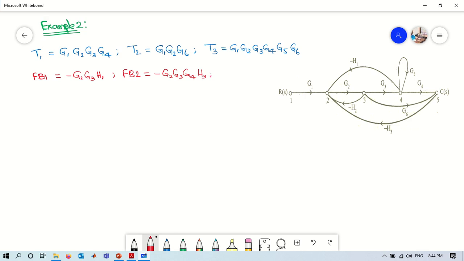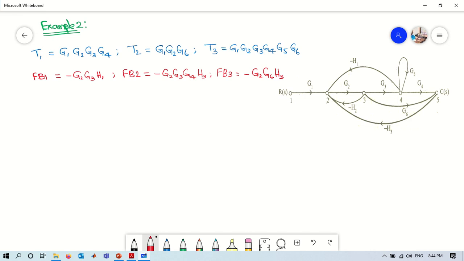The next feedback path I have is G2, G6 and minus H3. So let me take feedback 3 as minus G2, G6 and H3.